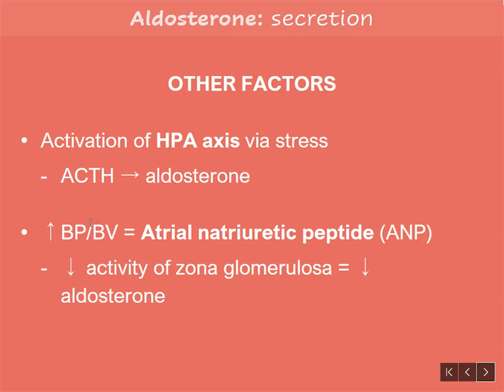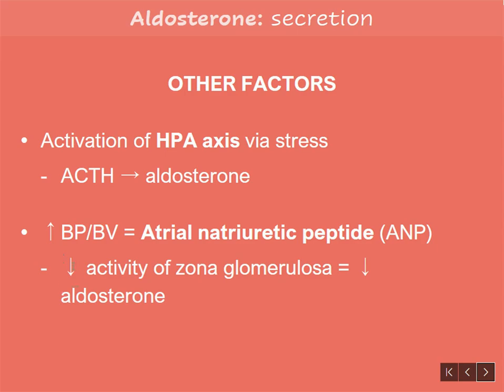Then another factor which influences aldosterone secretion is atrial natriuretic peptide, ANP. Now this is released from the heart, but this is not a promoting factor. ANP is actually an inhibiting factor. So in times of increased blood pressure or blood volume, the heart releases atrial natriuretic peptide, and ANP then targets the activity of the zona glomerulosa cells within the adrenal cortex, and it decreases their activity.